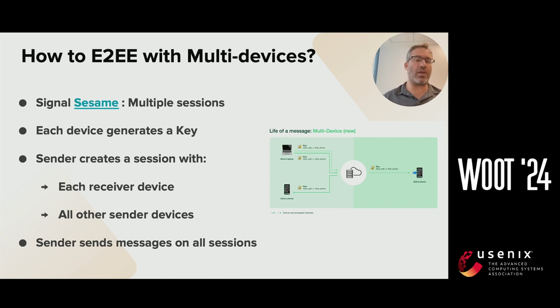So all in all, Alice's sending device will send that message encrypted 9 times using the session keys of these 9 sessions: 4 sessions to other Alice devices and 5 sessions with Bob's devices. Okay.